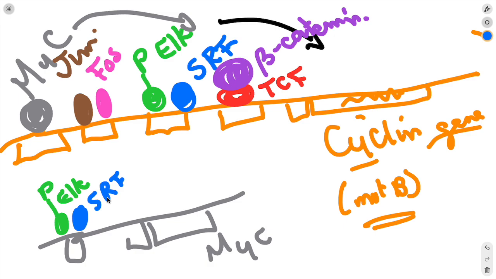The TCF is bound to Wnt target genes, and it's repressing them. So it's a nice molecular switch because we're not seeing any gene expression. And then when Wnt shows up, that leads to the stabilization of beta-catenin, and that stable beta-catenin binds to TCF, overcomes the repression, and is actually an activator. So we get a big switch in those target genes. Yep.